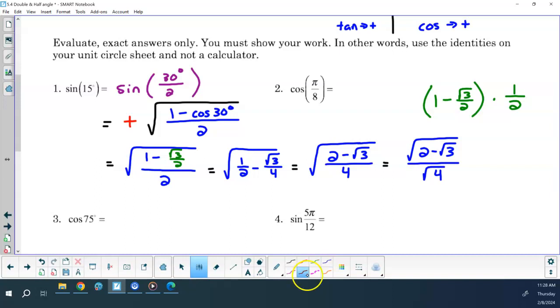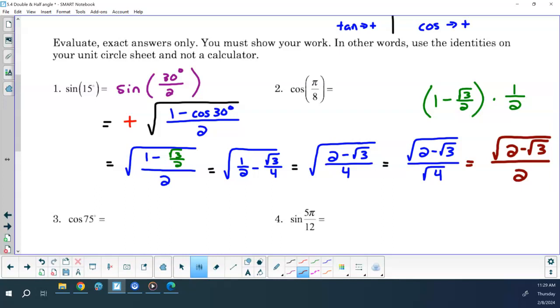So then our final answer is, that's my question. Can we have a square root in a square root? Square root of 2 minus the square root of 3. It is literally just that. The problem is that if it were multiplication, then we could go to a fourth root.